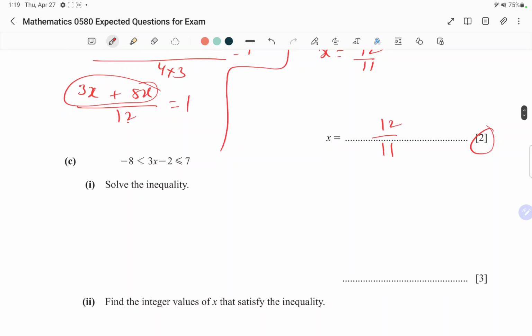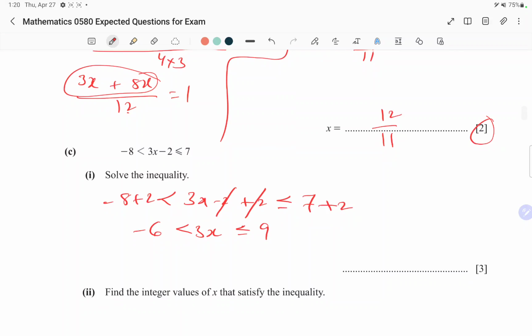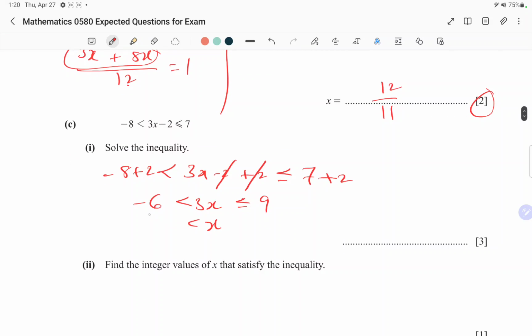Solve the inequality. It means we need to find x. So I think we can first add 2. So minus 8 plus 2, 3x minus 2 plus 2, and 7 plus 2. 2 and 2 cancel. So 3x lies between minus 6 to 9. And then divide by 3 here, 3 here, 3 here.